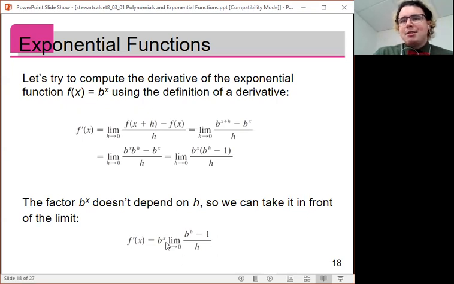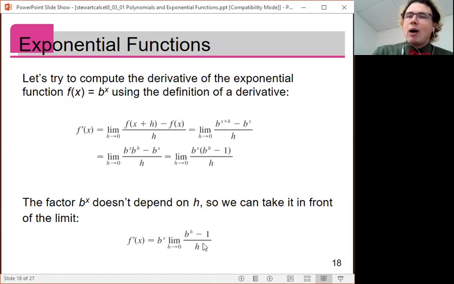So this right here, this limit, is going to be a constant. It'll be a different constant depending on what b is, sure. But there's no x's in this limit. It's the same constant no matter where I'm trying to calculate that derivative, no matter what the value of x is.